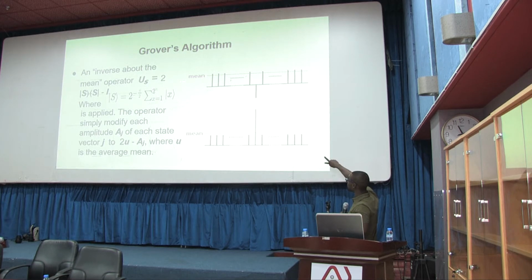So basically, it inverts our m about the mean, and we repeat this procedure r times, which is the square root of n, and by doing so, the mean will always descend until it reaches the 0 line. When it does, then we have our solution.